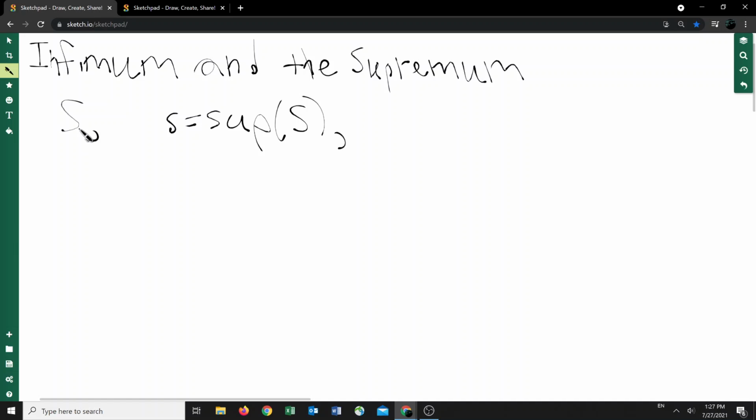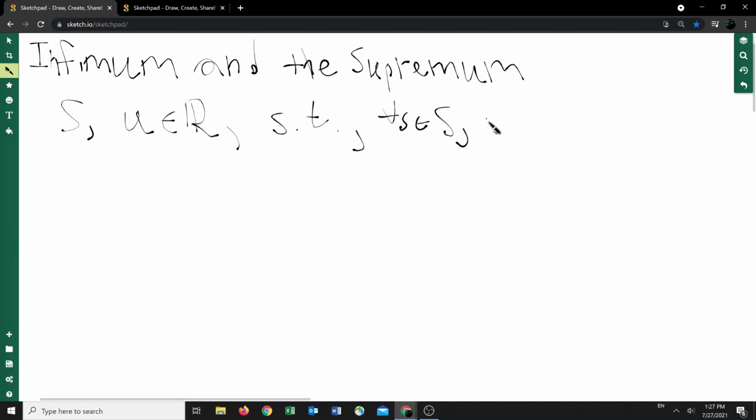An upper bound for a set S is some u in the real numbers such that for all little s in S, we have u is greater than or equal to s. That's what an upper bound is. The name clearly implies it. It's an upper bound for the set. But the supremum is the least upper bound.